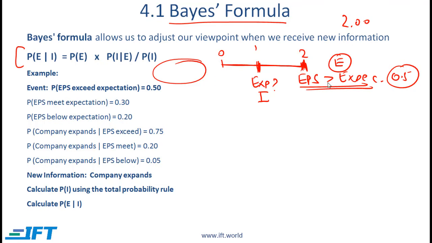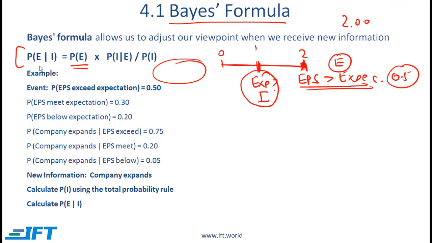So in simple terms, here is what Bayes formula is doing. It is starting with a certain original probability of the event that you are interested in, and then that probability is being updated based on the new information that you receive. And the way the formula works is this.